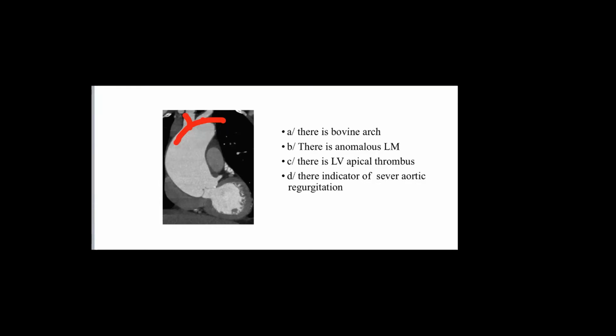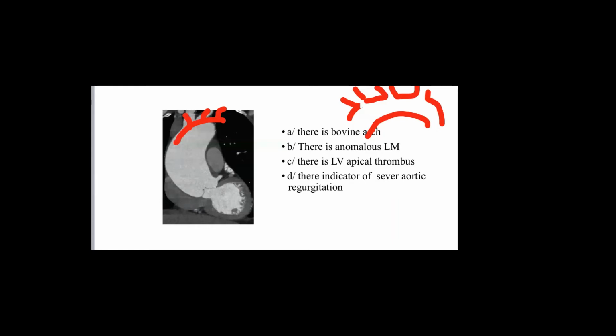Then you will have the left common carotid, then you will have the left subclavian. So it will look like that: 1, 2, 3. The first one is the innominate, which divides into right common carotid and right subclavian.